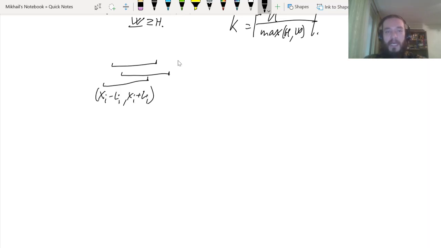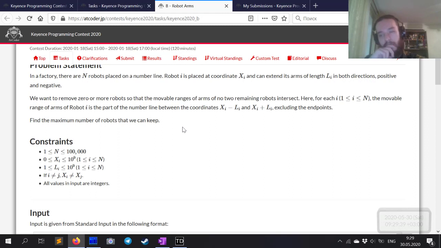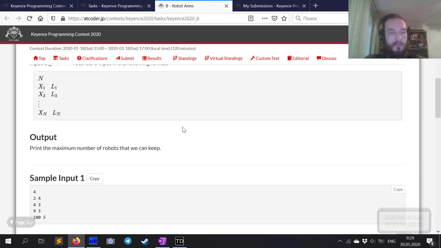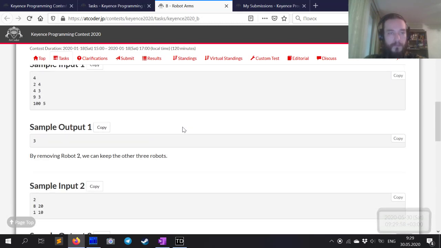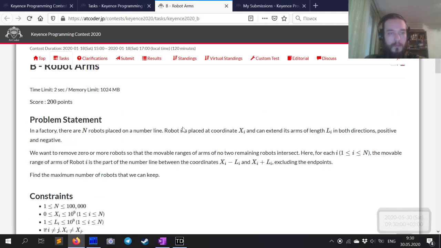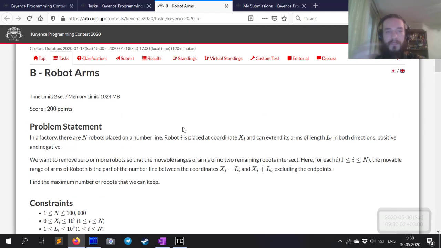Okay, and out of this set of segments, we want to choose as many as possible so that they do not intersect, I think. All right, so that's kind of a classical problem.